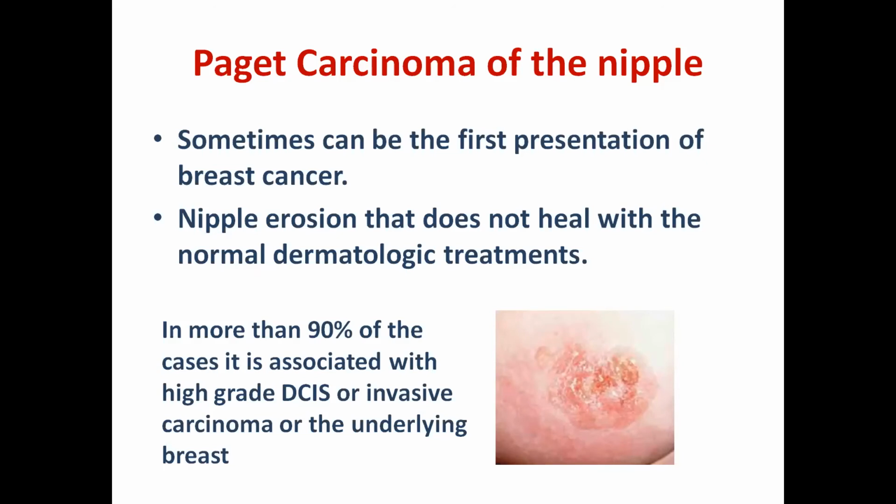And remember that high-grade DCIS is frequently associated with high-grade invasive duct carcinoma. So when you see this nipple erosion, it can be the first presentation, the spy of something very important, very dangerous that is happening in the nipple.